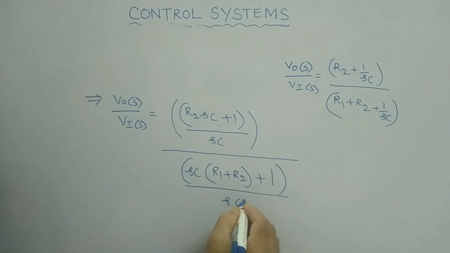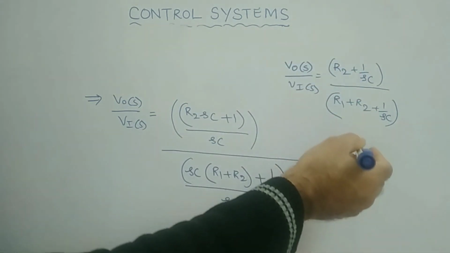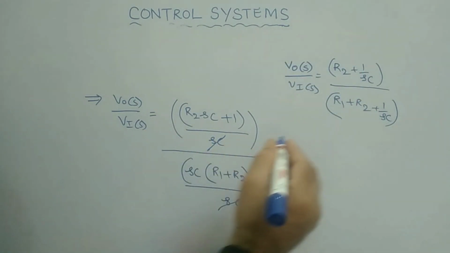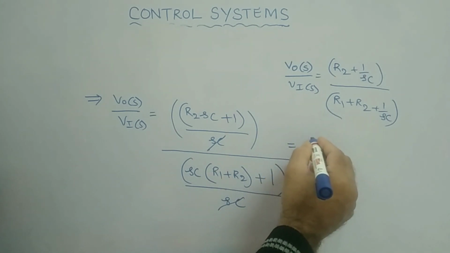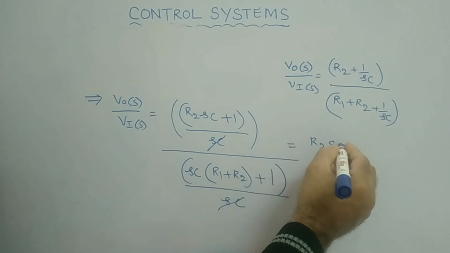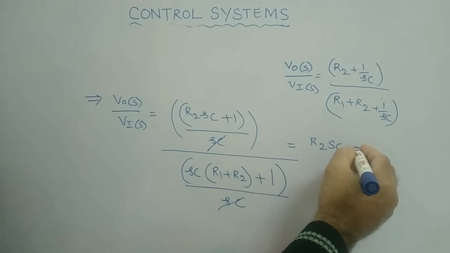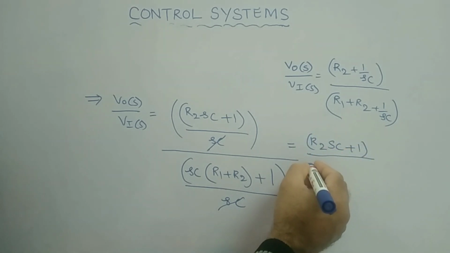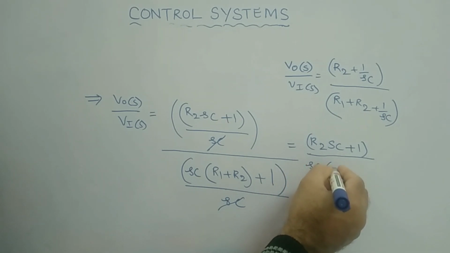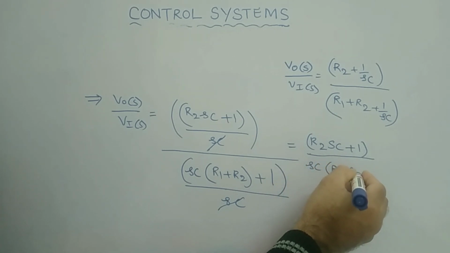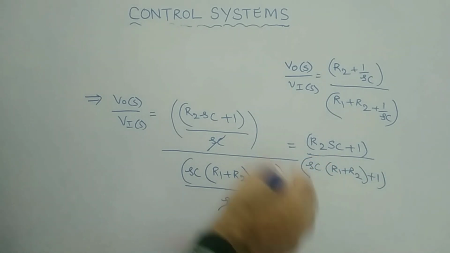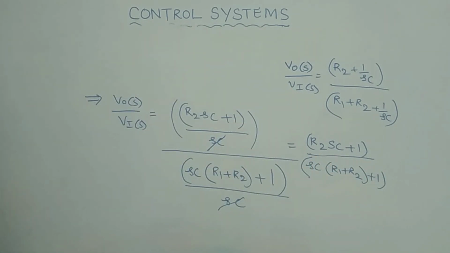After simplification, the SC will be cancelled out, then you will get R2 into S into C plus 1, by SC into R1 plus R2 plus 1. This is what you will get.